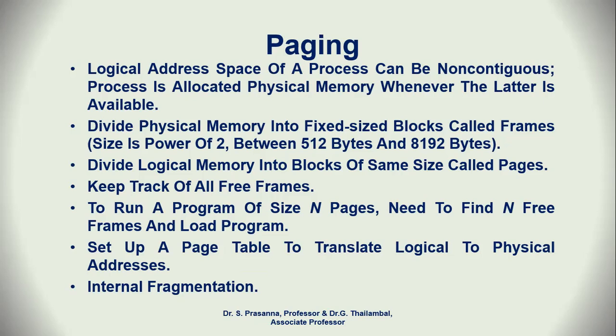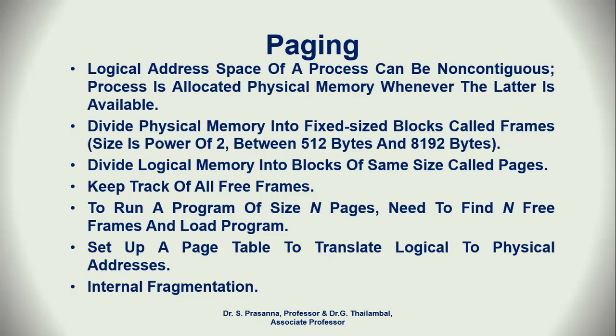So how will you connect these pages and frames? You are going to have some address, and with that address mapping happens so that you are able to find which page is located in which frame, and keep track of all free frames. To run a program of size n pages, you need to find n free frames and load the program.